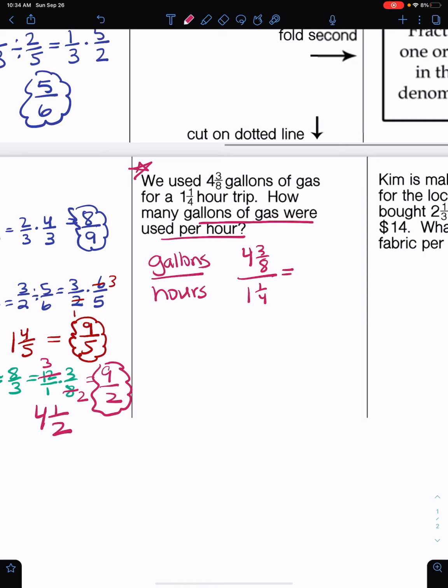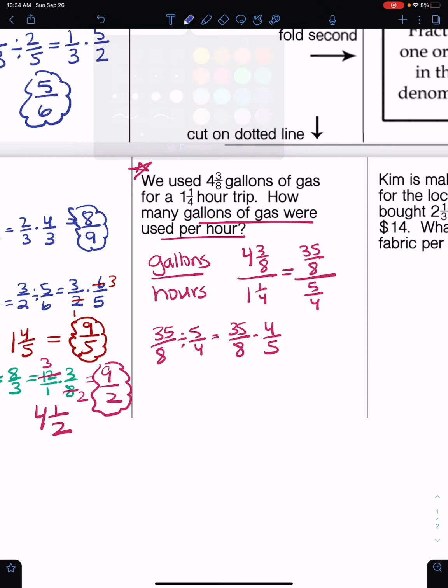I'm going to change these first two improper fractions. So 4 times 8 is 32 plus 3 is 35. This one will be 5/4. So I have 35/8 divided by 5/4, which is 35/8 times 4/5. I can cross-cancel with 5s here and 4s here to get 7/2.